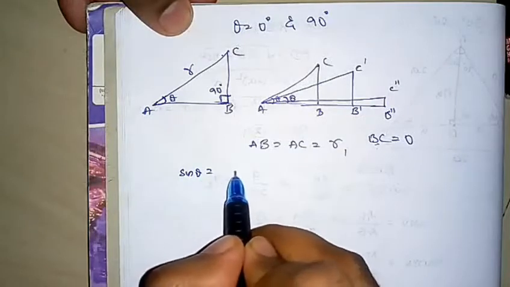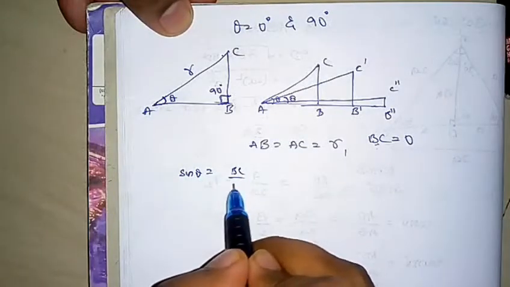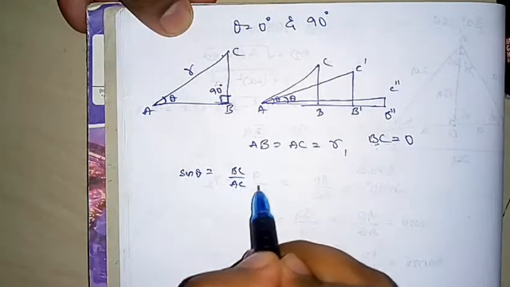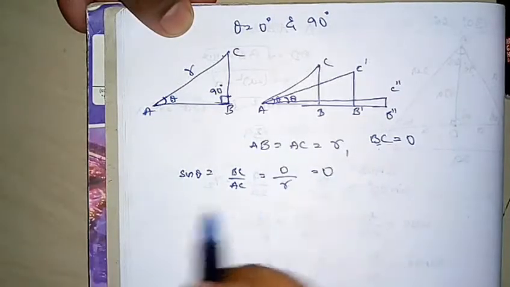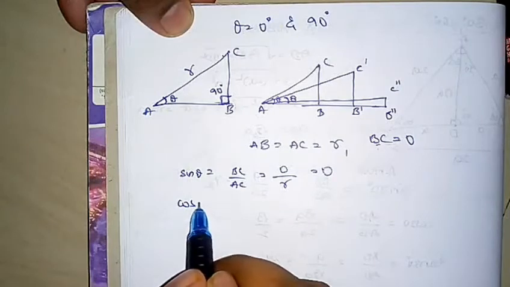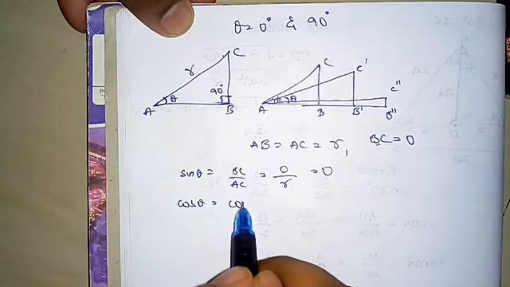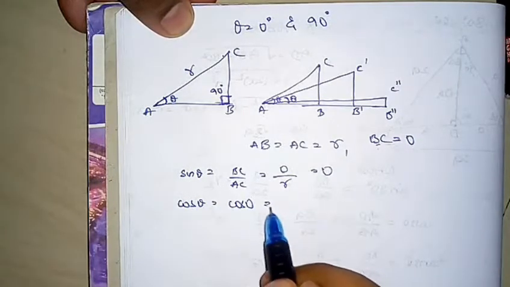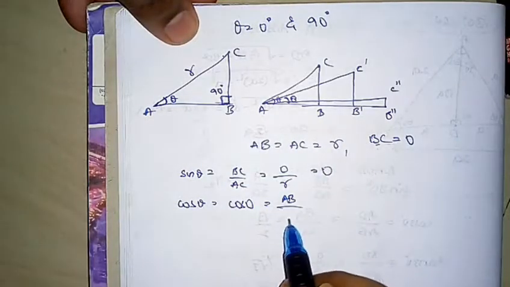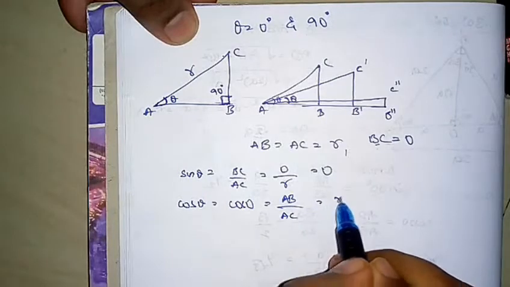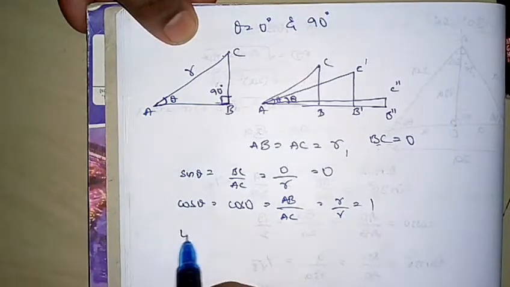Sin theta is equal to opposite side BC by hypotenuse AC, which is 0 by r, which is equal to 0. And cos theta is equal to cos 0, which is equal to adjacent side AB by hypotenuse AC, which is r by r, equal to 1.